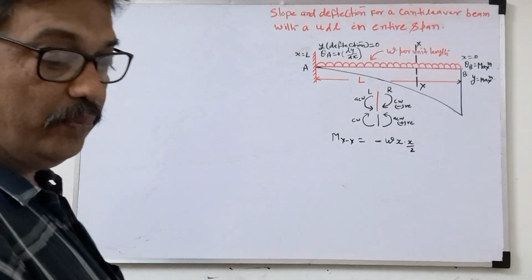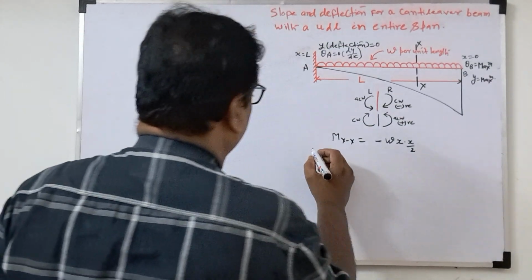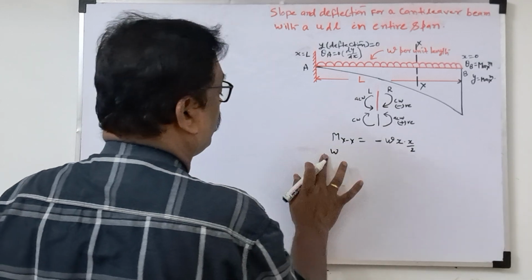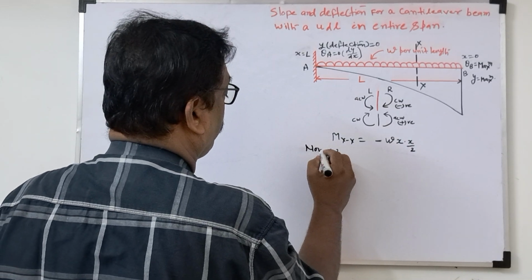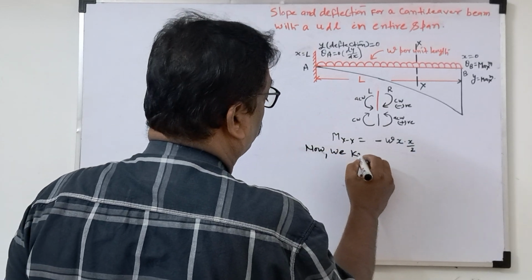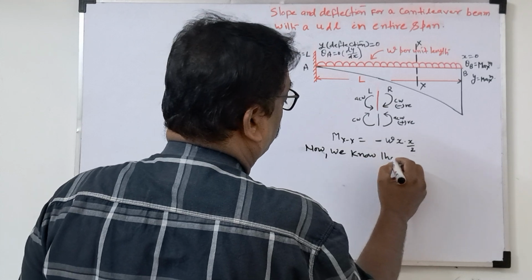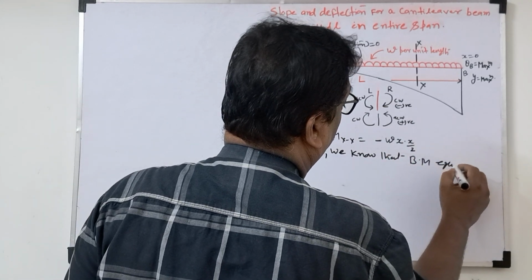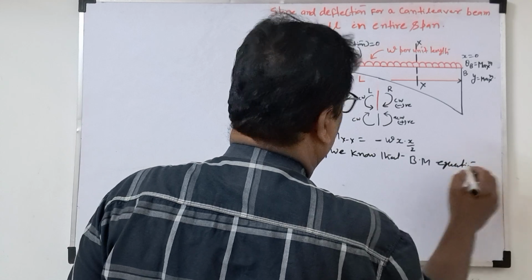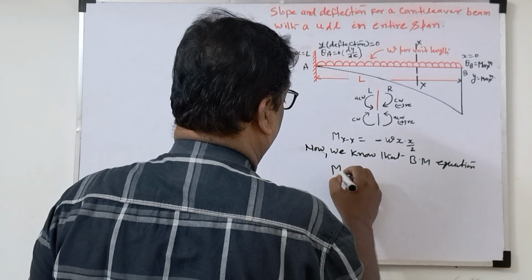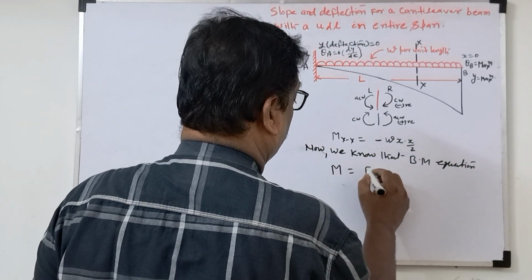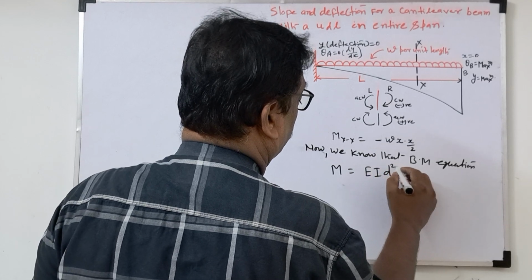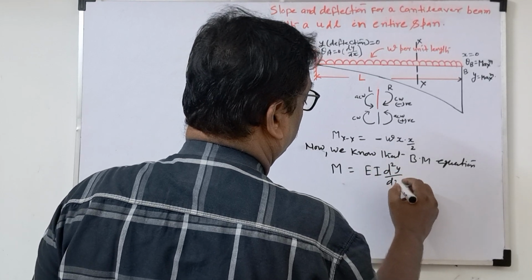Now we know the bending moment equation: M is equal to EI d square y by dx square, where E is Young's modulus and I is the moment of inertia.